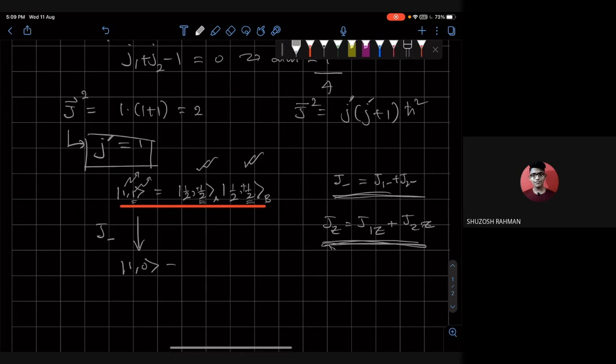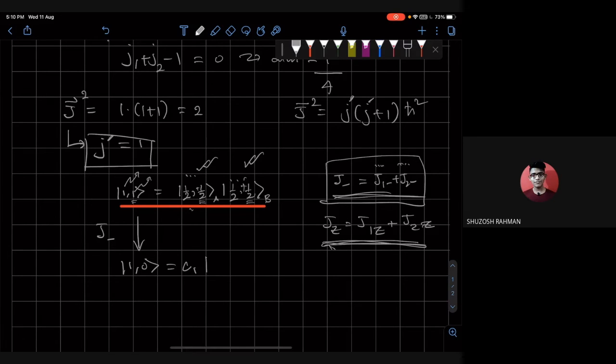And on the right-hand side, this thing is going to act on, so this term will first act on this thing, and this term will act on this thing, right? So the first term will become some C1, which you can figure out.